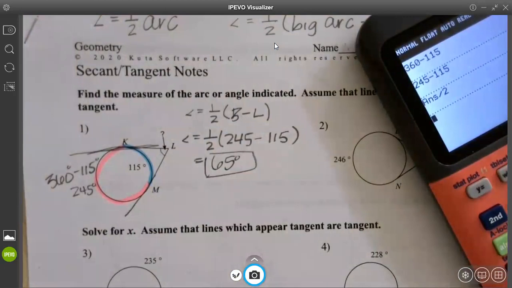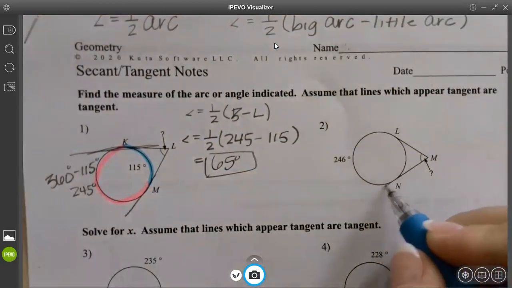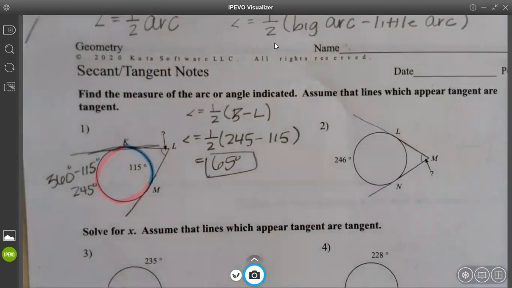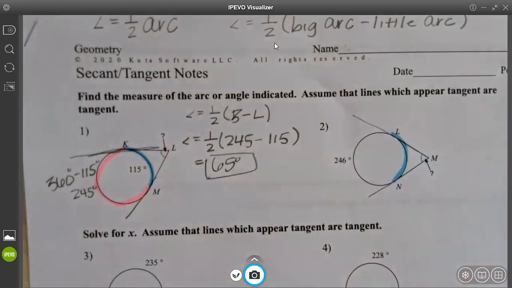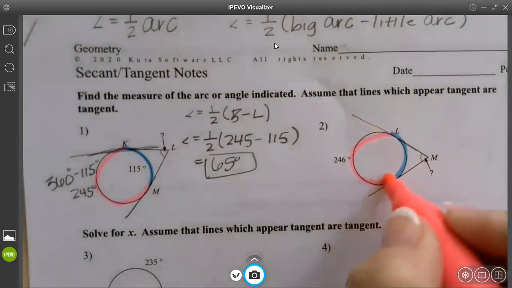So the biggest thing is remembering which formula to use. If there are two arcs inside the angle, you're going to use that formula. So again, if I extend this out, I see two arcs. I see a little one, and I see a big one. This time I have the pink one. How do I find the blue one?